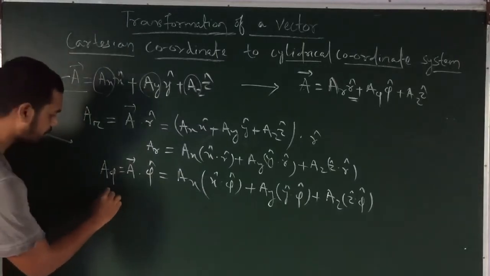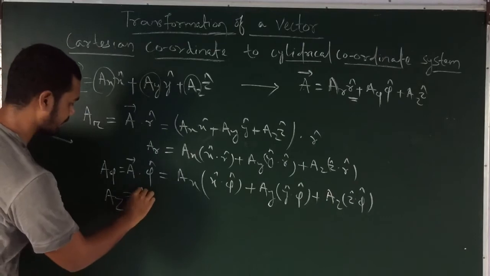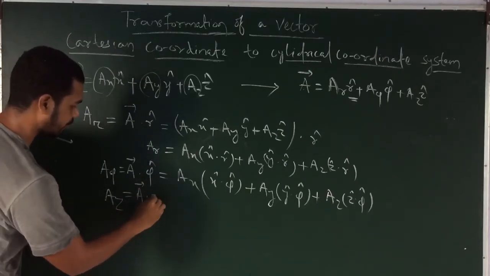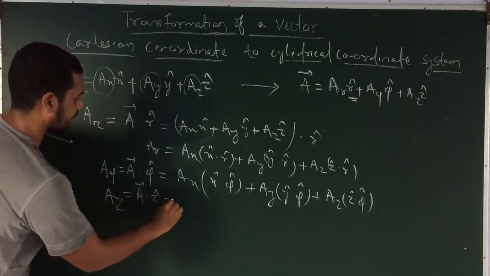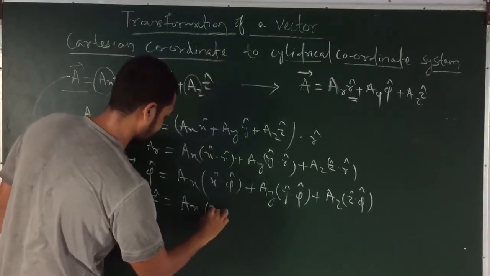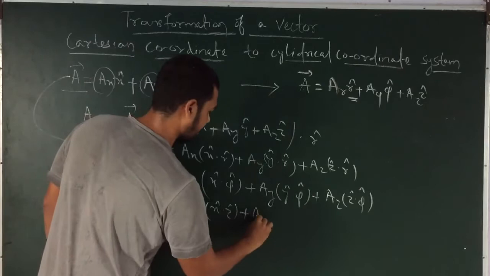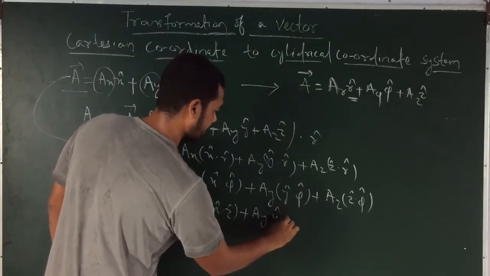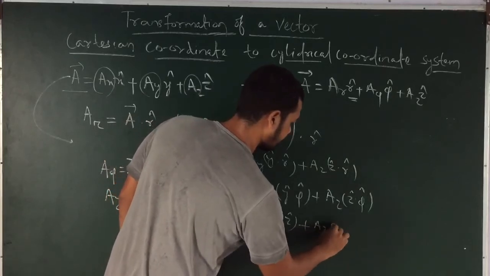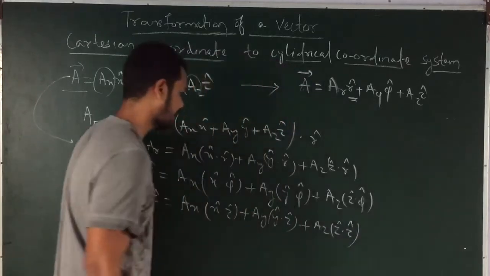In a similar way you can find Az just by taking the dot product of vector A in Cartesian coordinates with z cap. From here you will get Ax x cap dot z cap plus Ay y cap dot z cap plus Az z cap dot z cap.